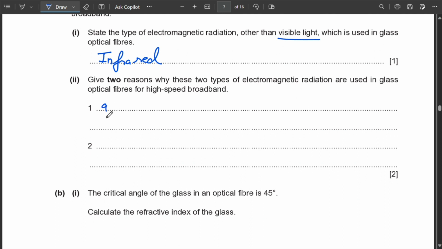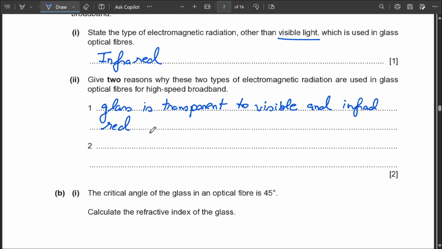First of all, glass is transparent. That's why they are used, transparent to visible and infrared rays, which we write IR also. Second, both visible and infrared rays carry high speed rate of data, so that's why they are used.